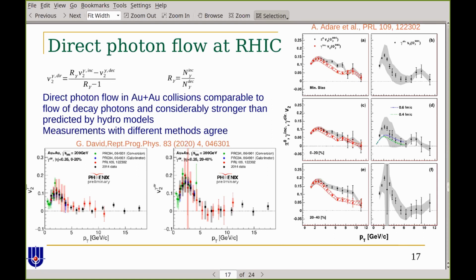We observe more or less the same situation for all centrality classes, from minimum bias to central and mid-central collisions. Later, the accuracy of this measurement was improved, and several other methods of direct photon measurement were tested, but they all agree pretty well with each other, and they all show very large flow of direct photons.